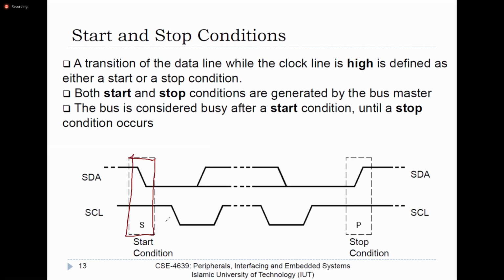That means when the clock pulse is in the high state, the transmitter has to make a transition into the 0 state, whatever state it is in. And the stop condition is the reverse. Whatever condition is there in the SDA line, the transmitter has to make a transition into one state or logic high state. You can see, and at that time, of course, the clock pulse is in the high state.